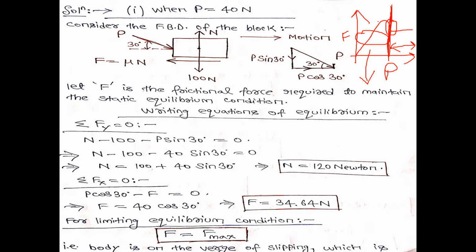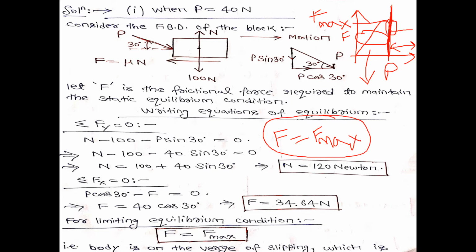I can see that this is the value of maximum frictional force F max. From the diagram I can see that if my frictional force F is equal to F max, then only the limiting equilibrium condition will exist.